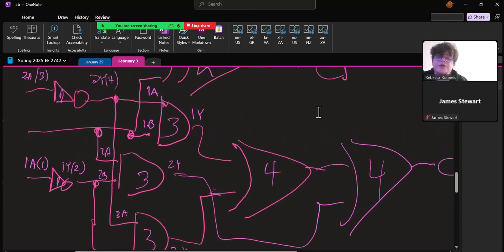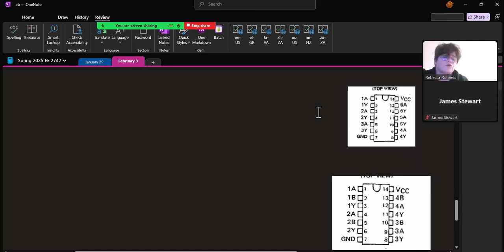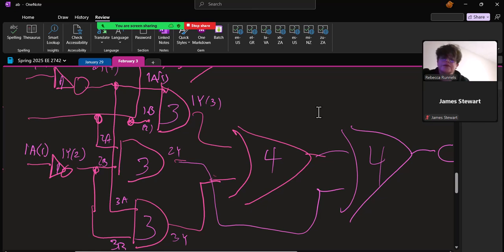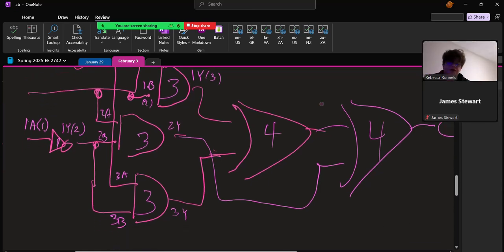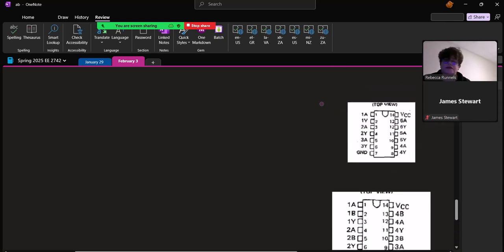And then you can get the pin numbers off of the chip. So the pins for 1A, 1B, 1Y are 1, 2, and 3. The pins for 2A, 2B, and 2Y are 4, 5, and 6.